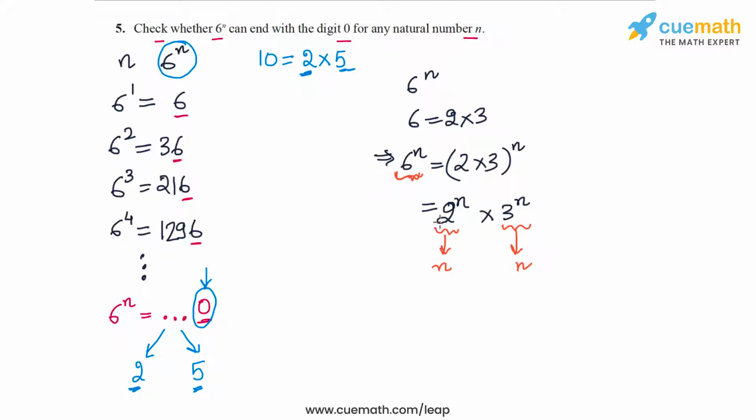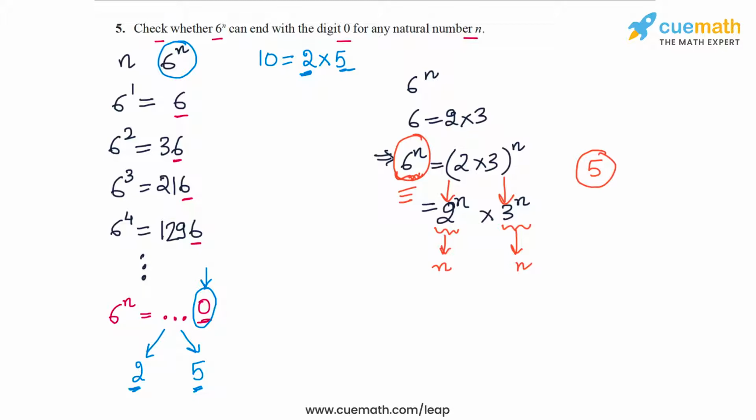So this means that 6 to the power n has only 2's and 3's as factors. No matter what the value of n is, 6 to the power n will never have a factor of 5. No matter what power you raise 6 to, it will never have a factor of 5.